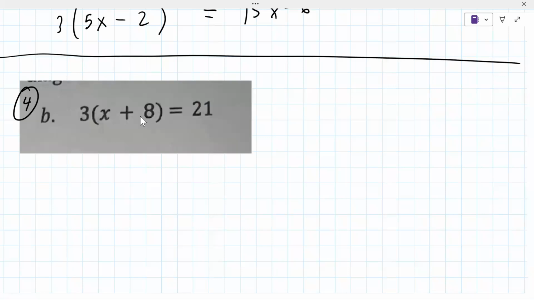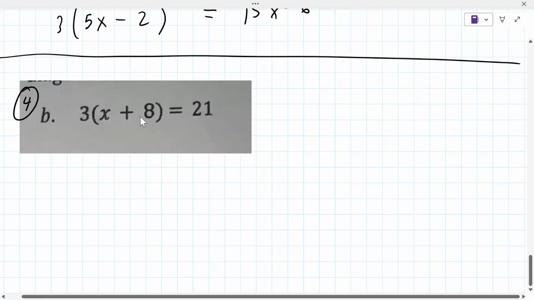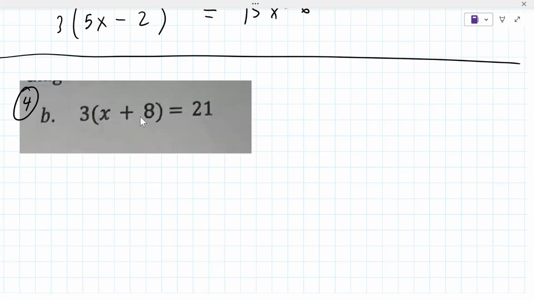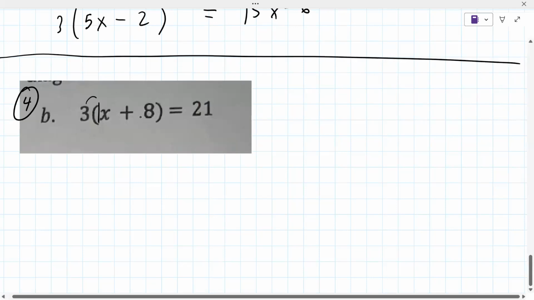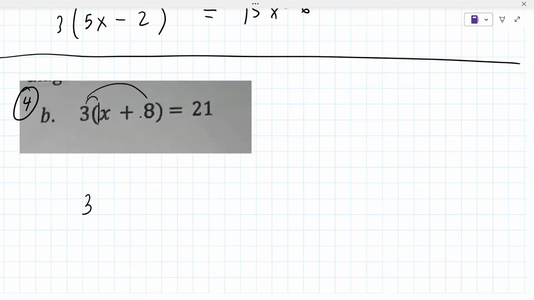If you've got it written down, I can scroll up if needed. 3 times 1x. Okay, what does that become? 3x, and then you add, 3x plus 24. Good.